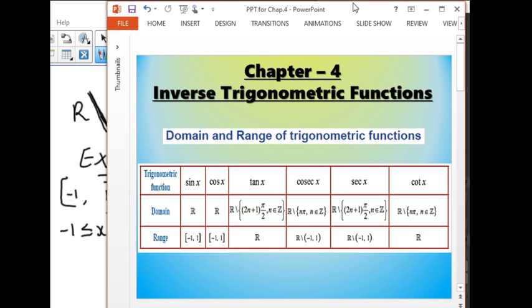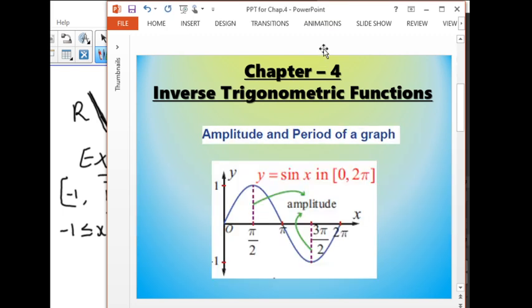Okay. Then, next, amplitude and period of a graph. What is amplitude? Amplitude is the maximum distance of the graph from the x-axis. So, maximum height of the graph from the x-axis. The amplitude of a function is the height from the x-axis to its maximum or minimum.